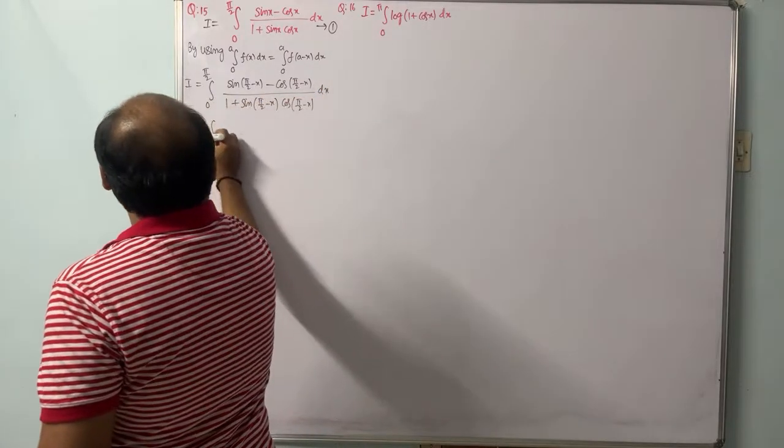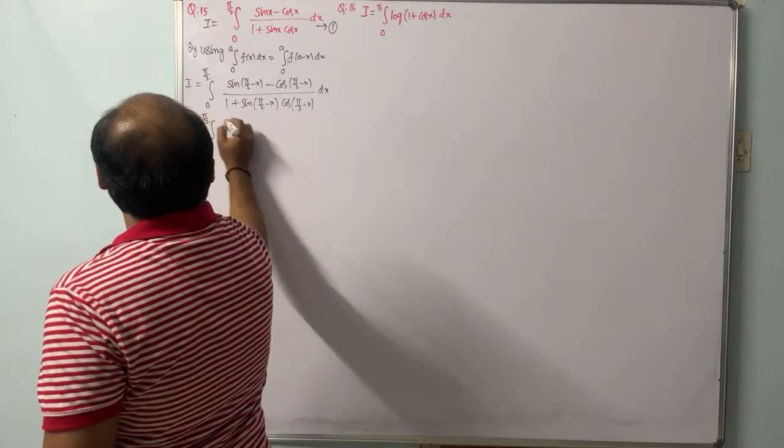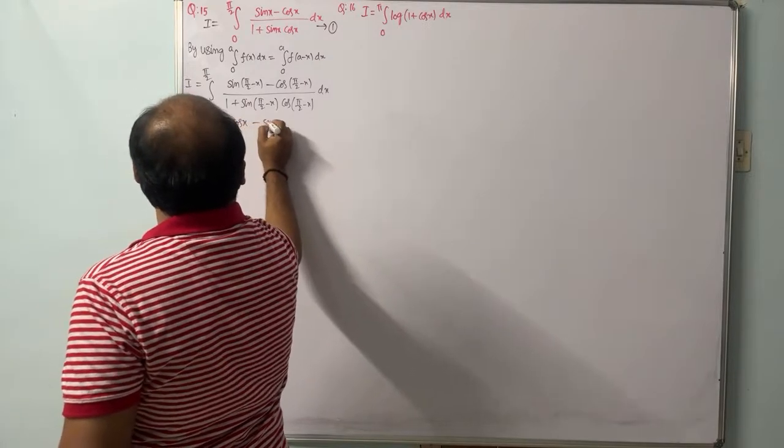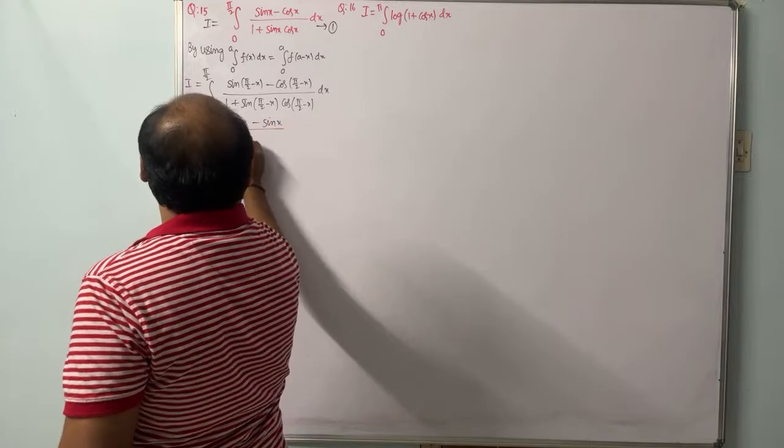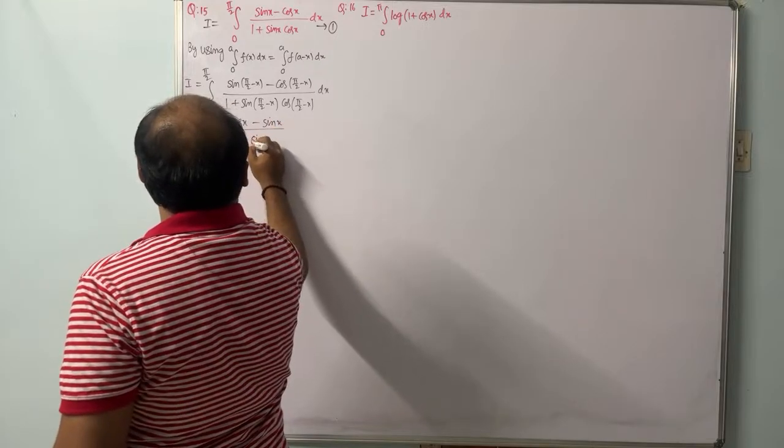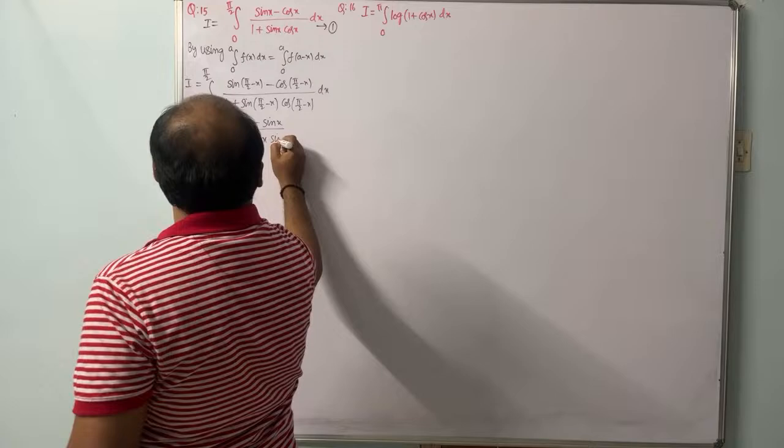So I equals integral 0 to pi by 2 of (cos x minus sin x) divided by (1 plus sin x cos x).